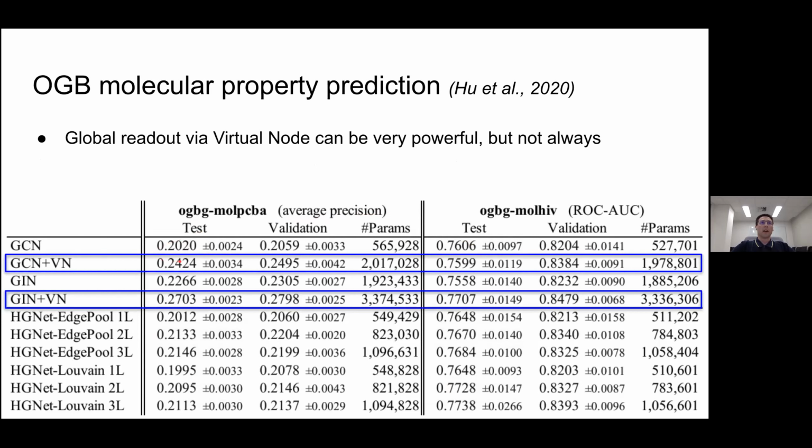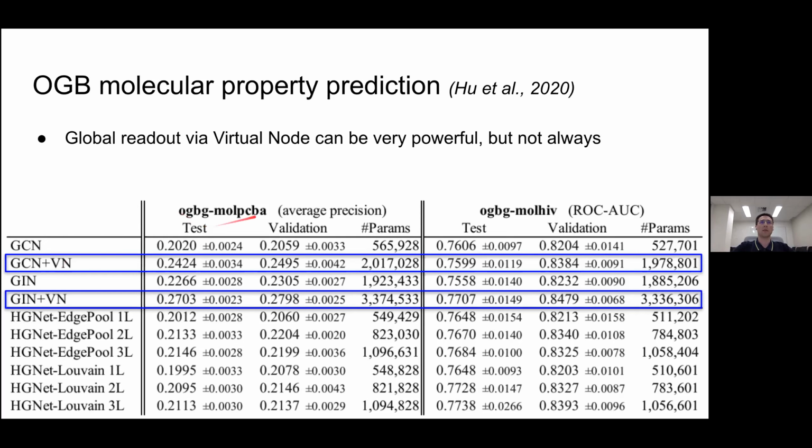Of course, what we are seeing here is that for the MOL-PCBA particularly, what is very powerful is this virtual node extension of the graph convnets, where what it means is that there's an additional kind of readout at each layer that pulls the information from all the nodes, irrespective of the connectivity in the graph. So it's providing this kind of additional capacity or capability for the model to just get the aggregated information from the entire molecule.